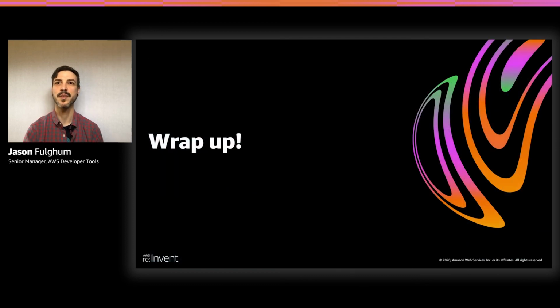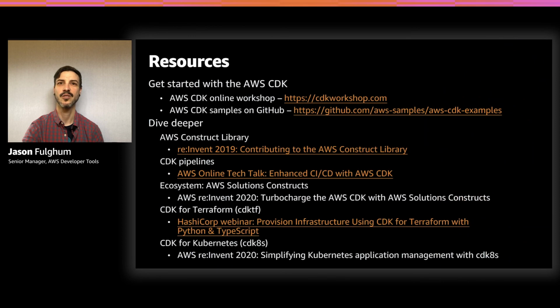All right, let's wrap things up and talk about where to go from here. We've covered a lot of material in the past 30 minutes. We've talked about a lot of new features and new products. So I want to leave you with a collection of some of the different link callouts that I mentioned throughout this session. If you are brand new to the CDK, I hope that you will start with the CDK Online Workshop.